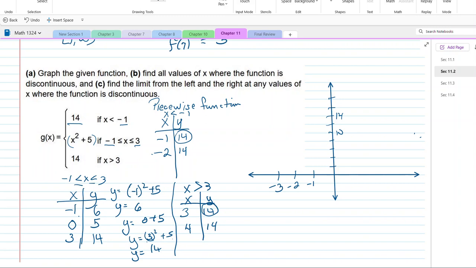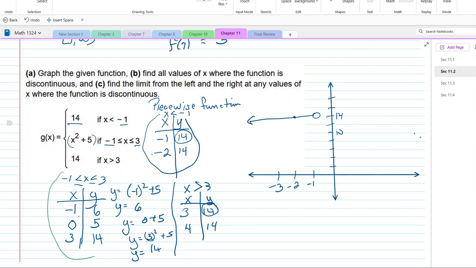So we're looking at this portion right here, and we're going to do this one in blue and then change colors. For this one, I have -1 and 14 as a hole, and then at -2, I have a 14. So we have this condition. Trust me, it should be a straight line.